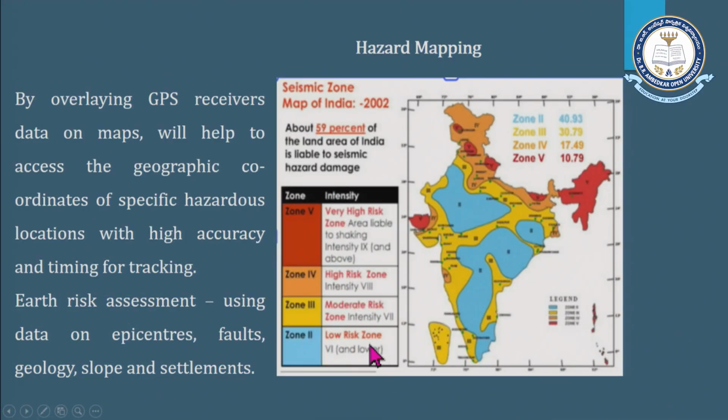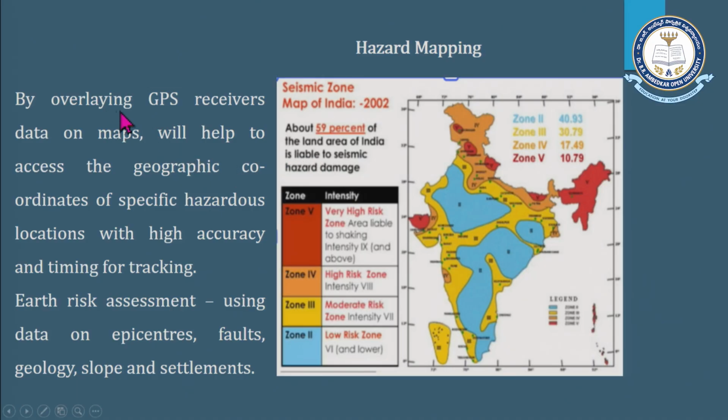The other aspects we can see are the high risk zone, moderate risk zone and also the low risk zone. So this complete blue part is the low risk zone. Like this we can prepare maps of India at village level, district level or country level.